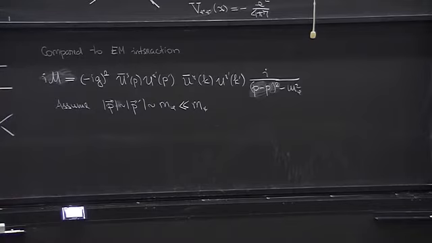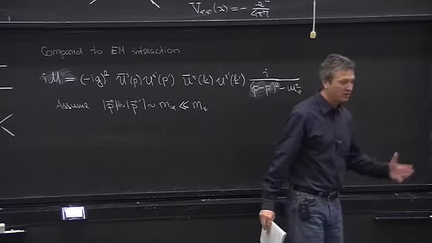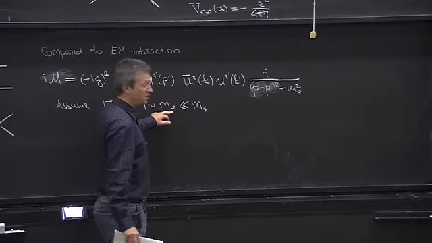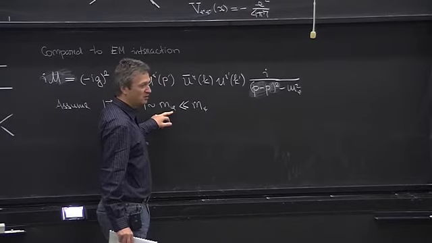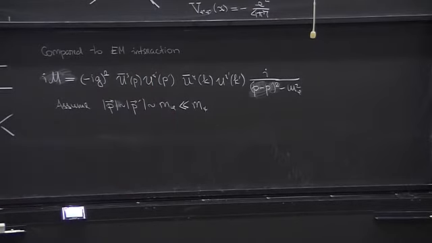So we assume that fermions are heavy, like proton and neutron are very heavy particles, but the scalar is assumed to be lighter. So for instance, the pion is about 10 times lighter than, or 8 times lighter than nucleons.